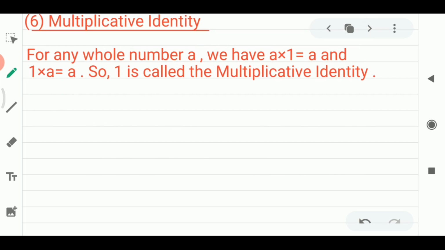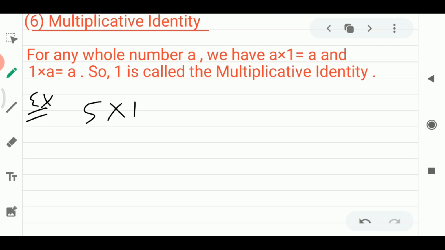Next is multiplicative identity. For any whole number a, we have a into 1 is equal to a, and 1 into a is also a. It means if we multiply 1 with any whole number, we get the same whole number. So 1 is called the multiplicative identity. Suppose 5 into 1.